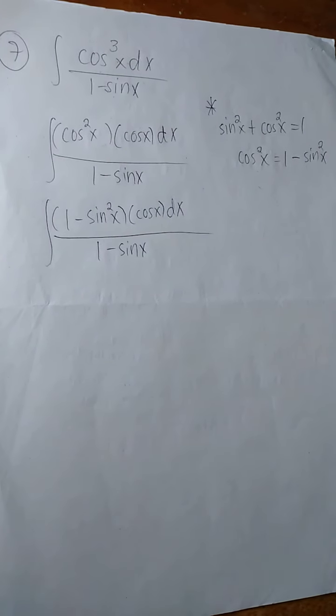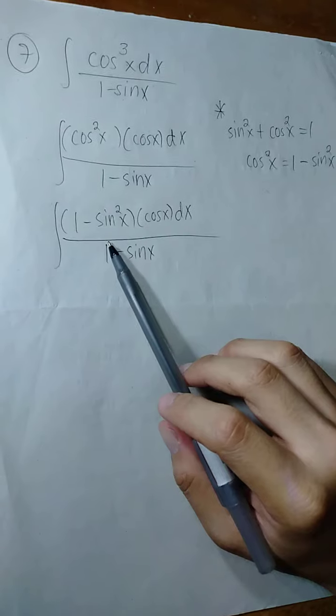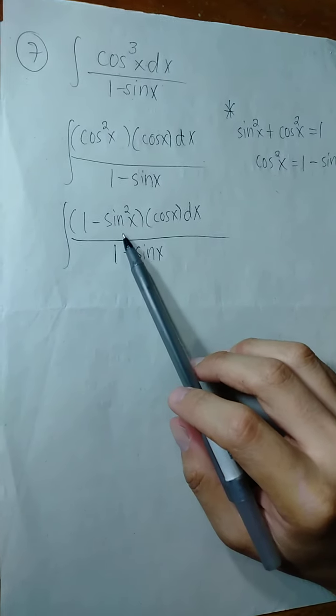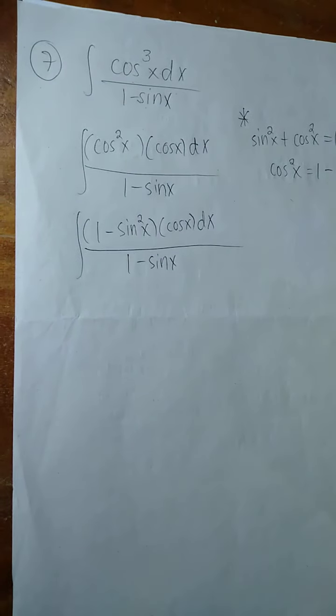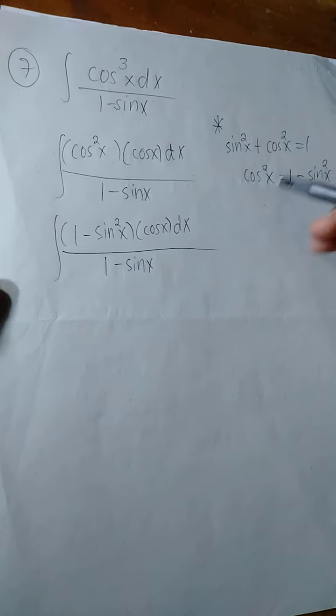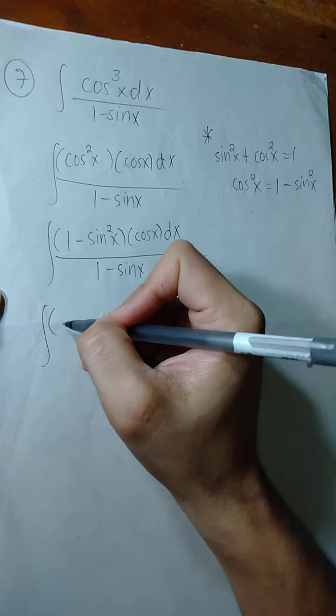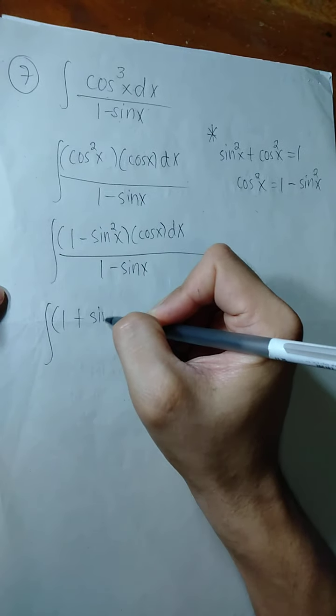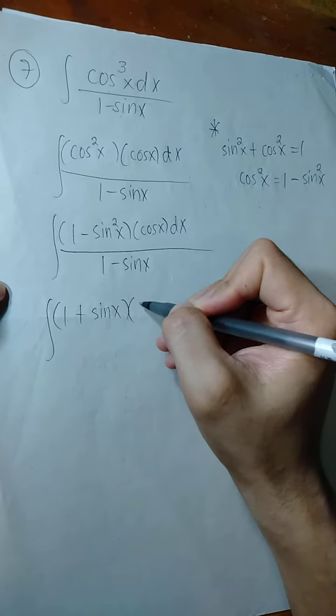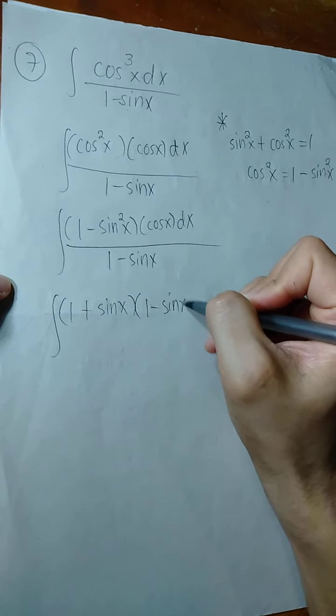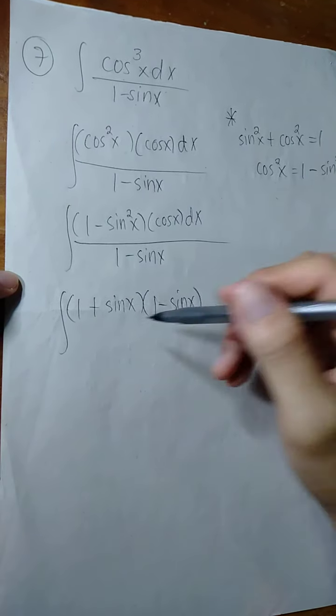Okay, so kung mapansin natin, this one is, ano siya? Sa algebra, difference of two squares, di ba? Naalala natin. So di ba pwedeng i-factor yan? So the difference of two squares, pwede siya maging 1 plus sin x multiply by 1 minus sin x. So to check, i-FOIL method nyo lang yan.